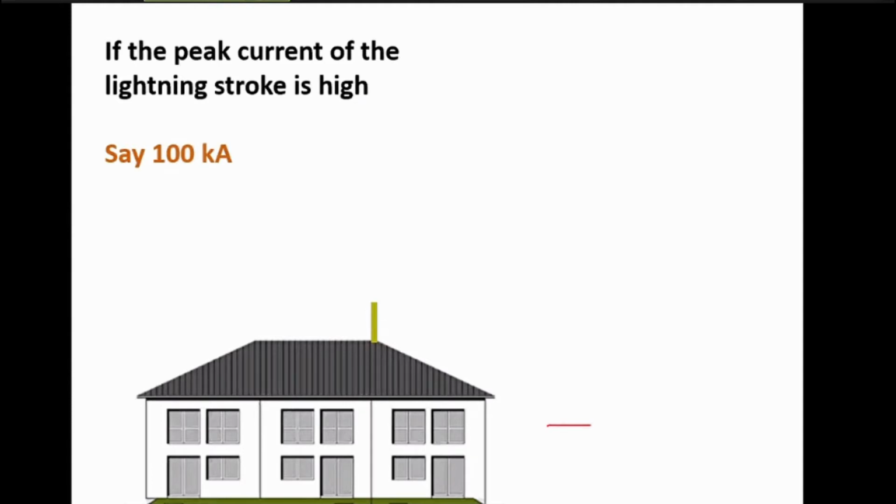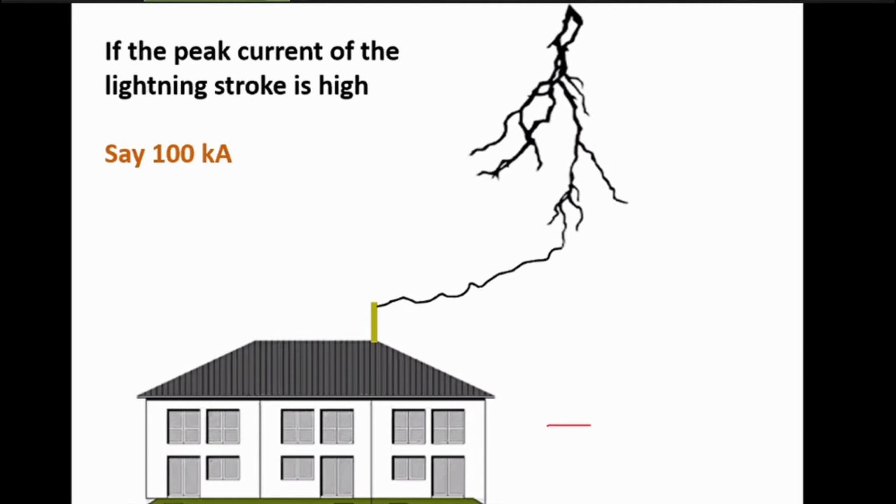Now when this lightning is coming, you see that if the lightning has a very high current, that means it is bringing down a very high charge.